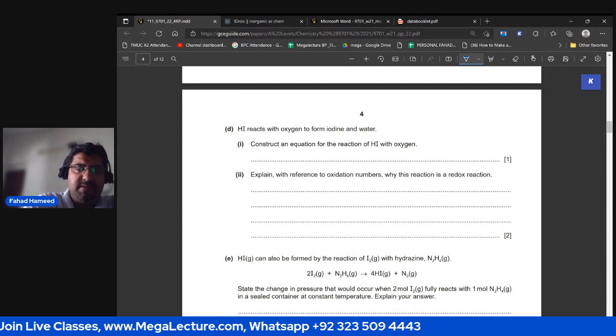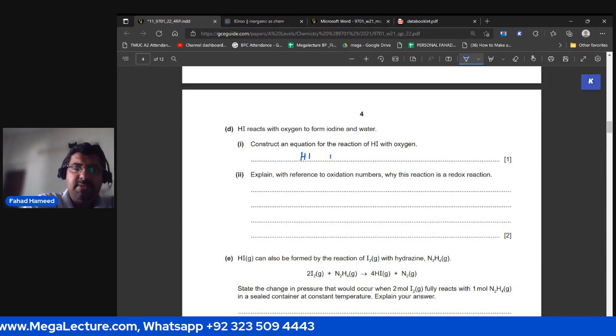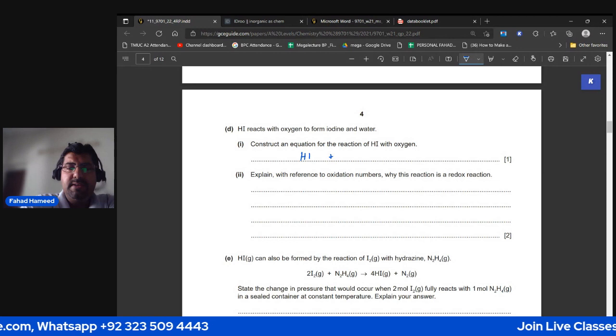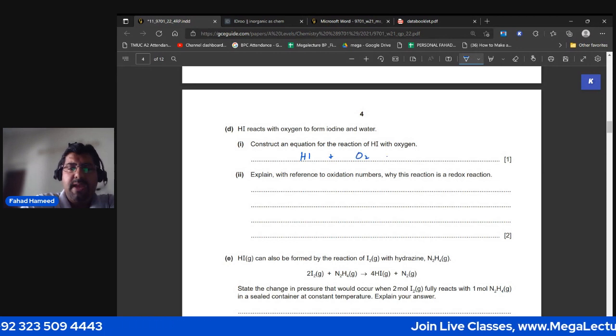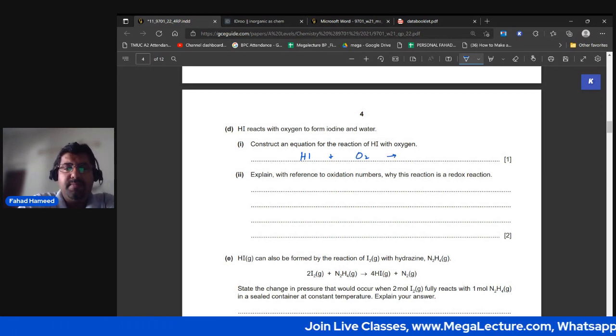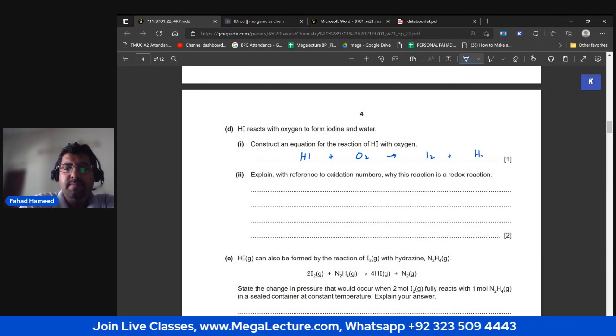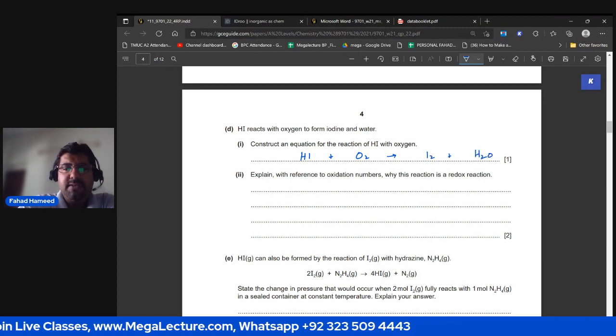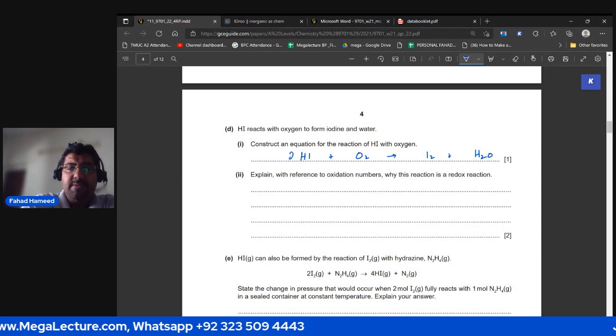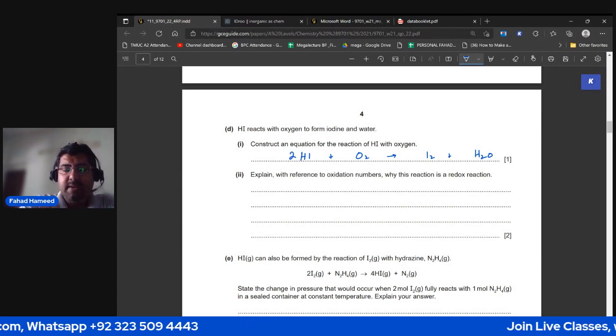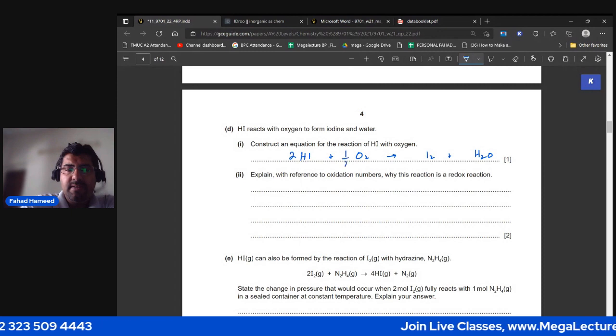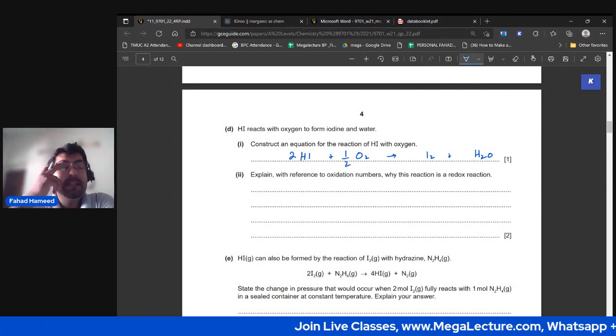So just to make the equation, what they're telling you is HI reacts with oxygen, and it ends up forming iodine and water. So that's I2 plus H2O. And to balance this, you would have to have 2HI, and there's going to be half O2, right? That would kind of balance things up.